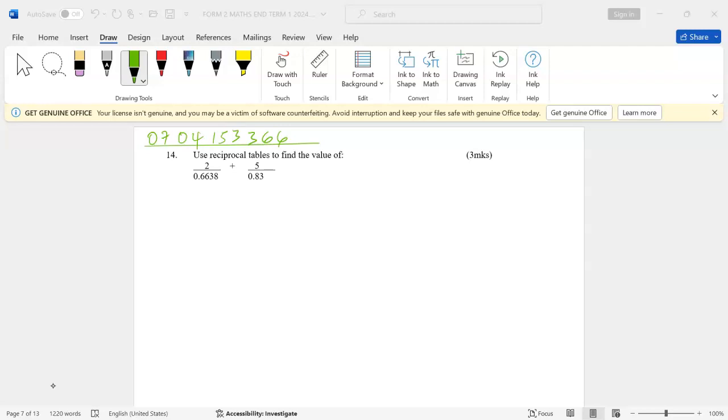To solve this question, we start by factorizing the denominator, which is a 2. Then now we remain with a reciprocal of 0.6638 plus 5 factored out, 1 out of 0.83.